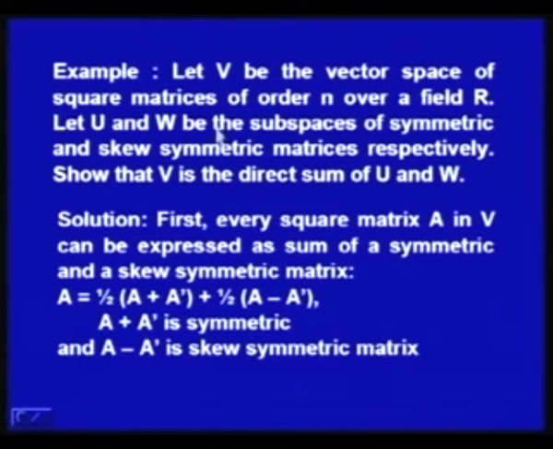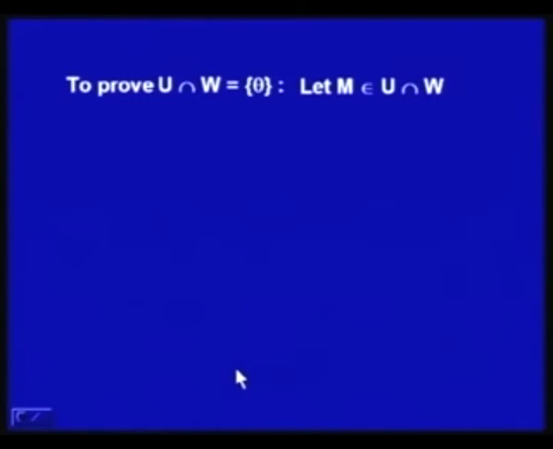So, we can say that V can be expressed as the sum of symmetric matrices and skew symmetric matrices. Now, this will be the direct sum provided their intersection is the null matrix.